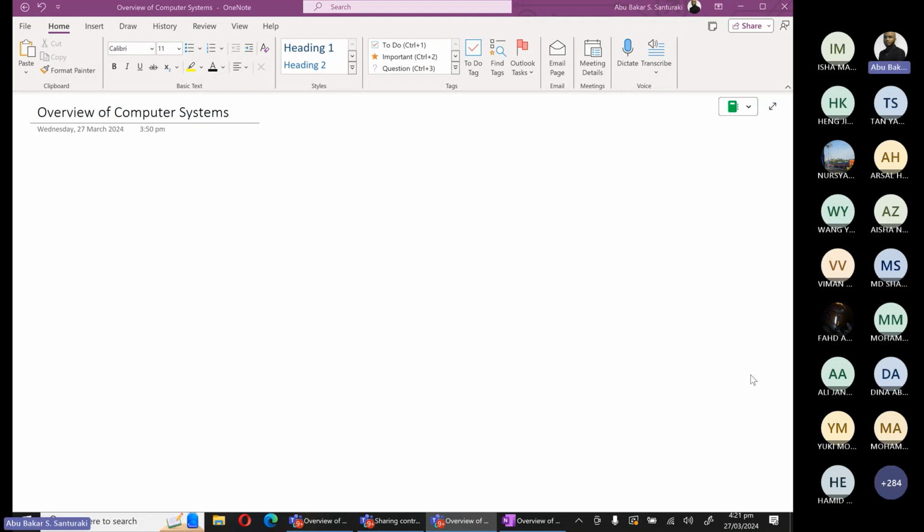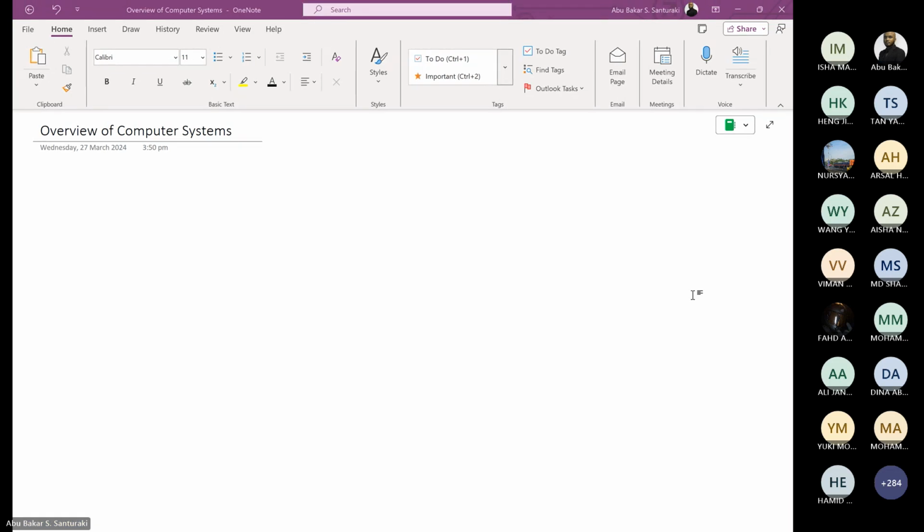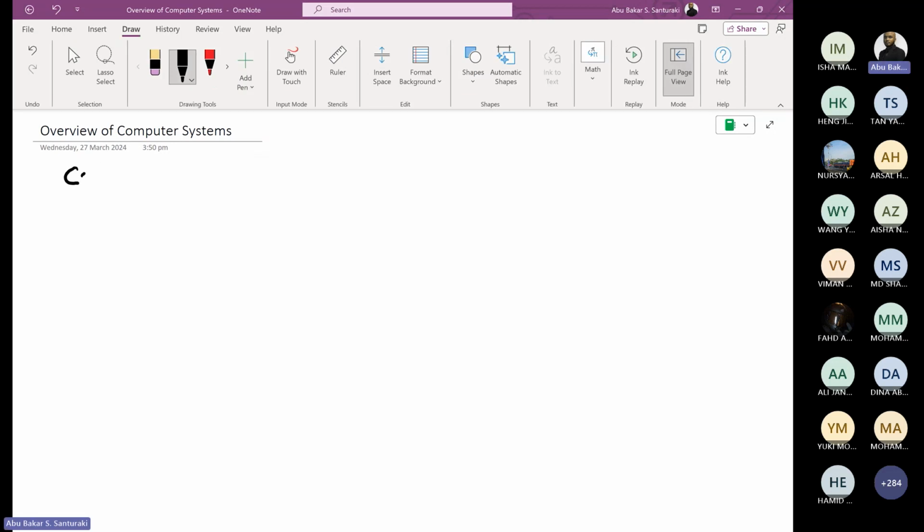So let's go ahead and do some definitions. So here now, we've defined a computer as essentially, I'll just make a quick document here.